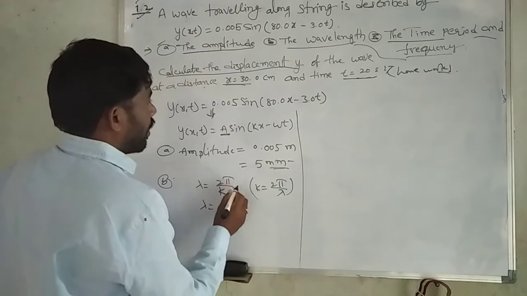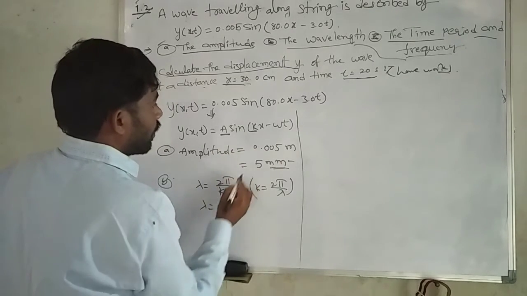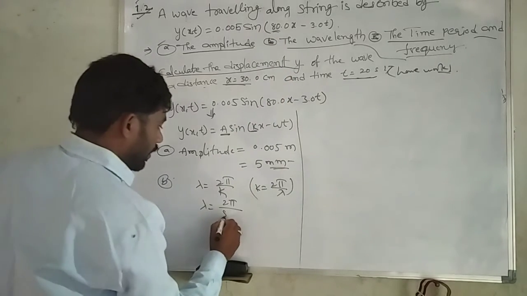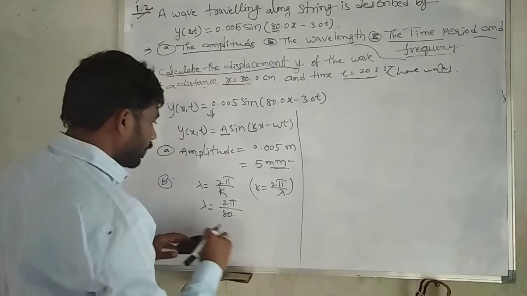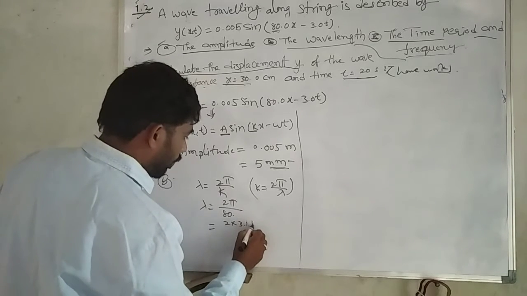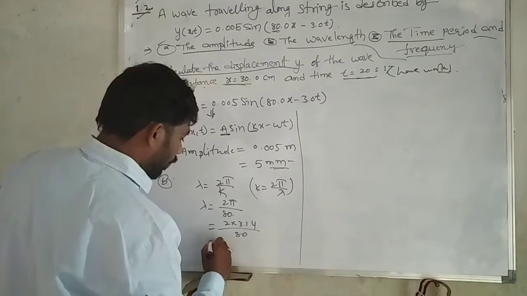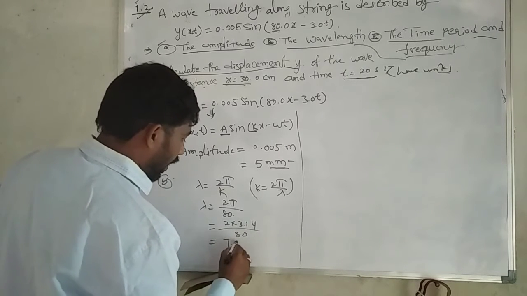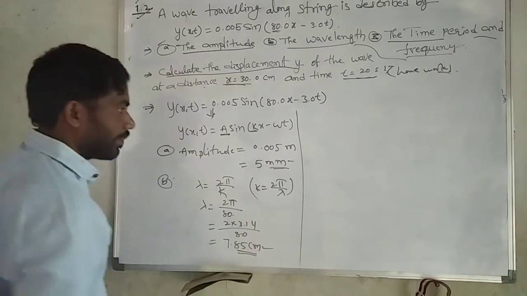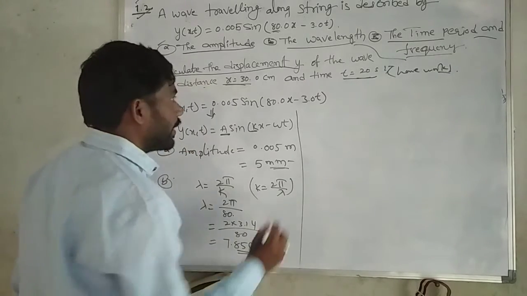What is the k value? The k value is 80. So we substitute the value: 2 into 3.14 by 80. We will get the answer 7.85 centimeters approximately.